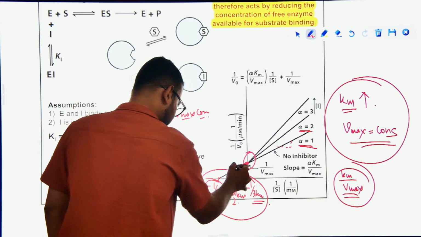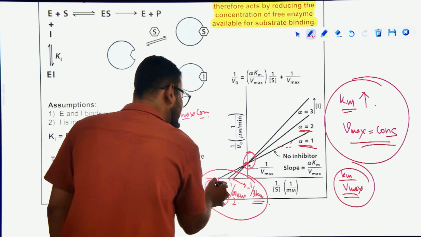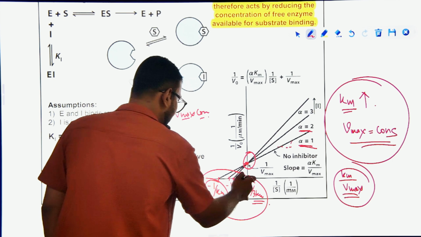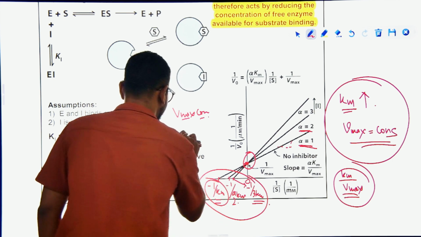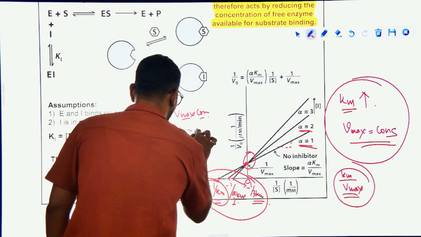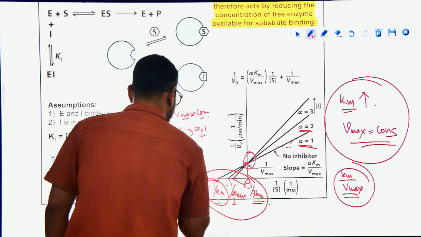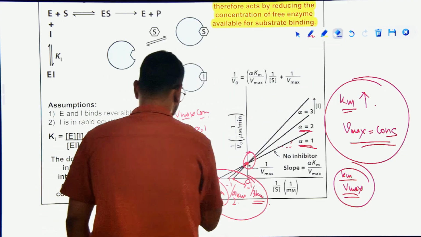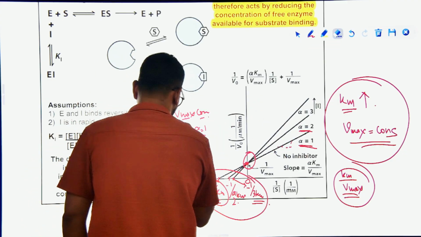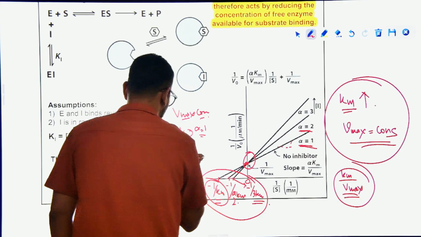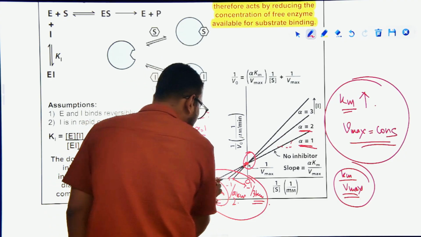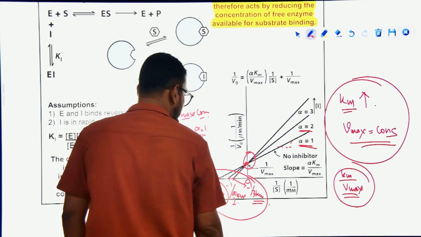And as our x-axis intercept shows 3 distinct points, if we consider it as 0 and the extreme point as negative, then minus 1 by Km for alpha equals 1, alpha meaning inhibition, minus 1 by 2 Km, that means alpha equals 2, that means coming close towards 0.